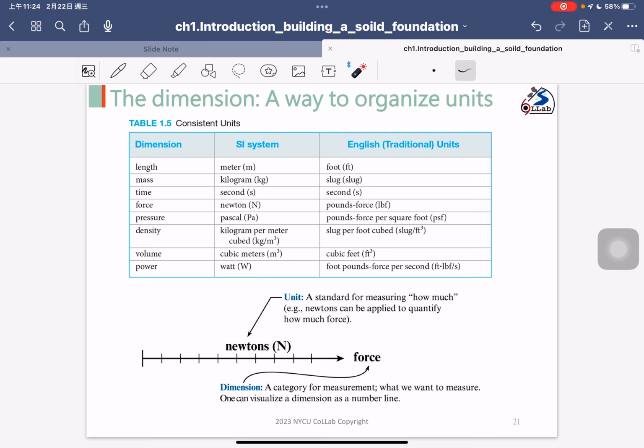And then we can do the exercise. So first we know that 1 ft will equal 0.3048 meter, right?